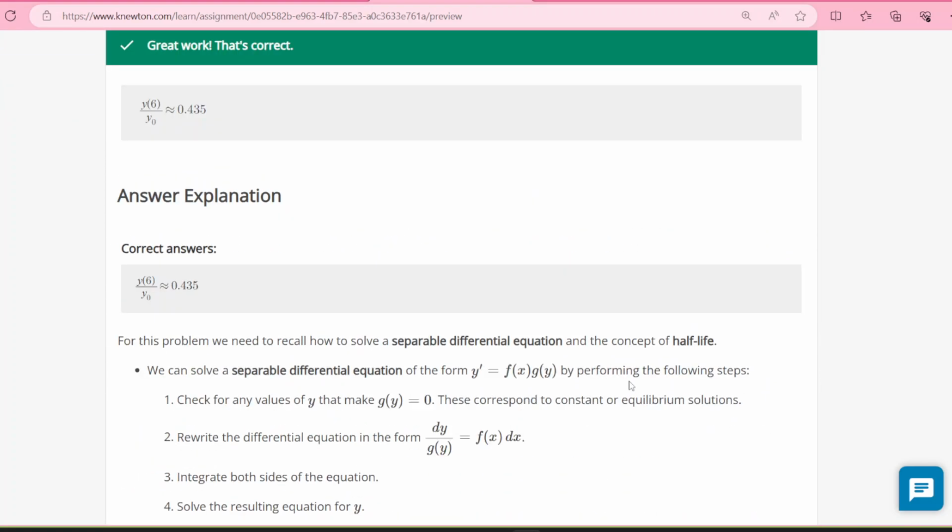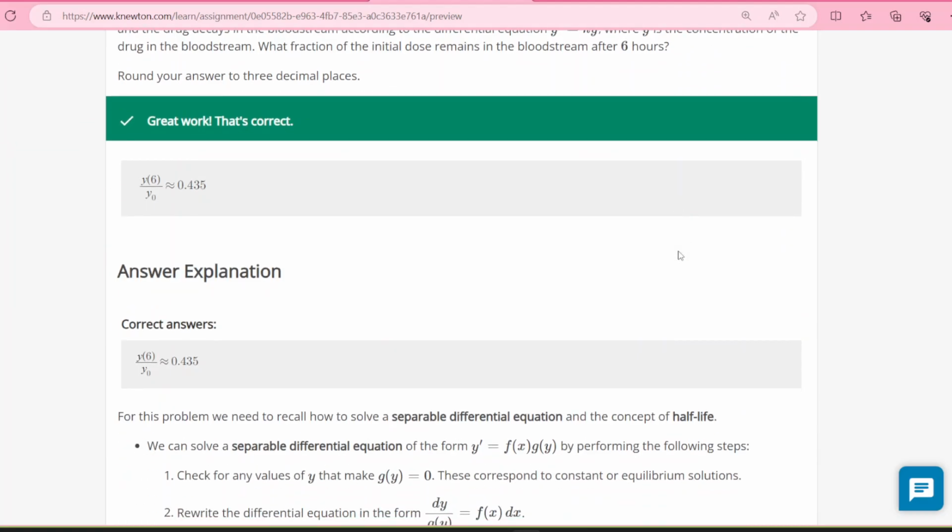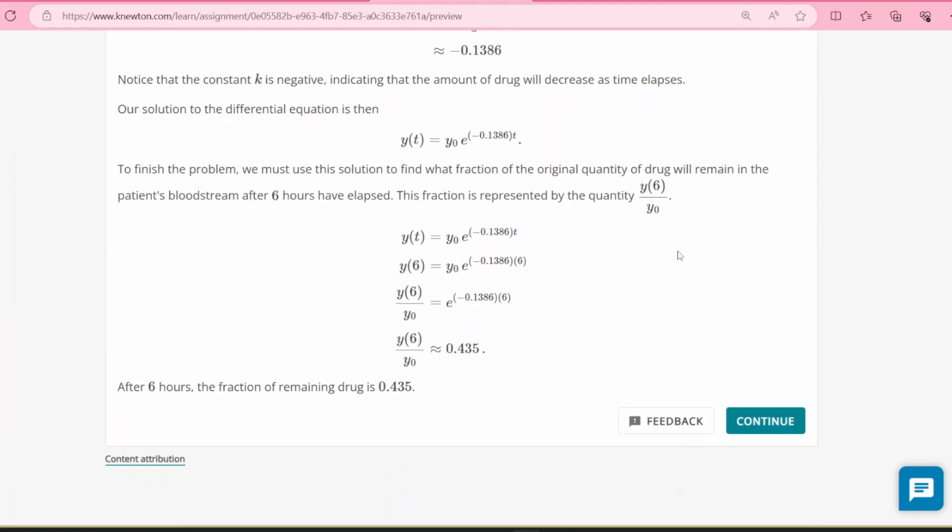Wonderful. And then run through the answer explanation. And it looks like that's complete. I believe I'm done. Yeah, 100%. Other than that little snag with the natural logs, so remember again, hopefully they fix it with my feedback.